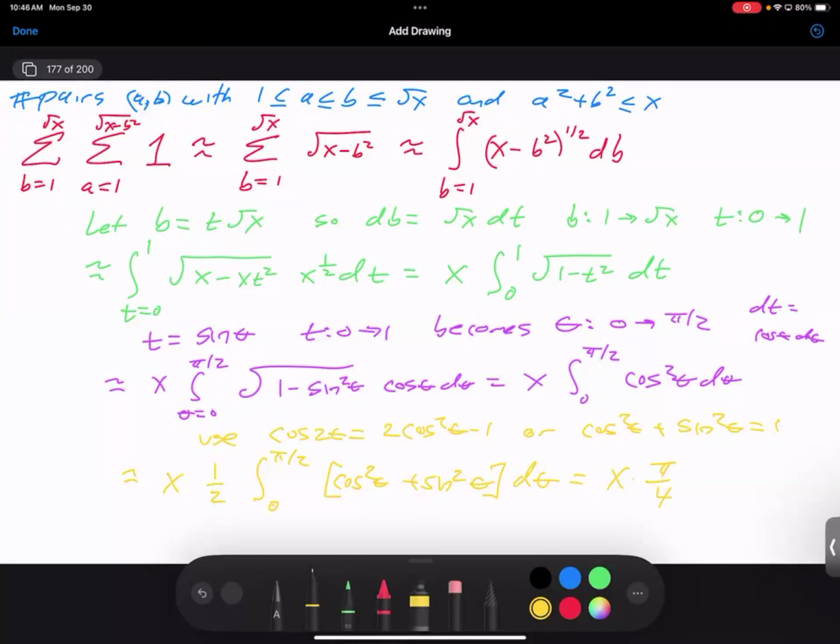So this x over here, this is coming from... So I'm just wondering if I've dropped a factor of 2 somewhere. I feel like I dropped a factor of 1/2 somewhere.